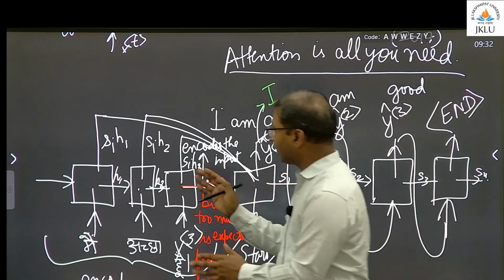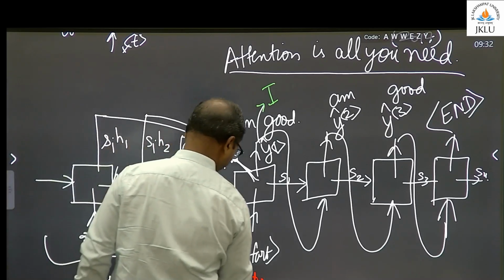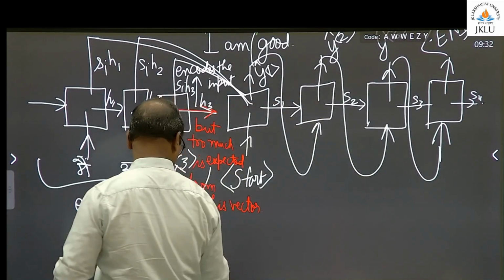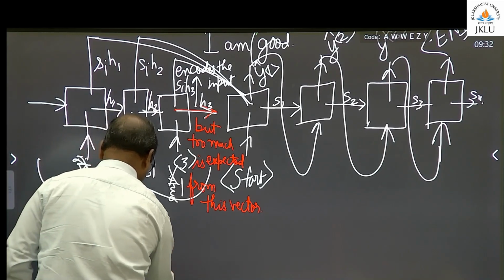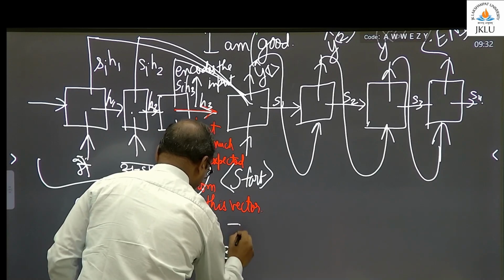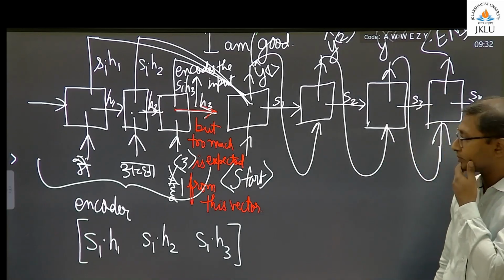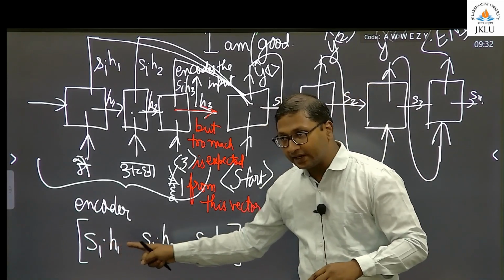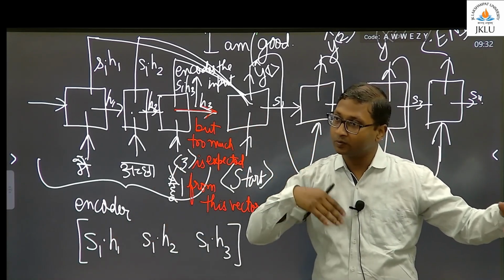Done? So now you have a vector that I am writing here. I have this vector. What do I do with this vector? Anything guaranteed on these numbers? No, they can be anything between minus infinity to plus infinity.